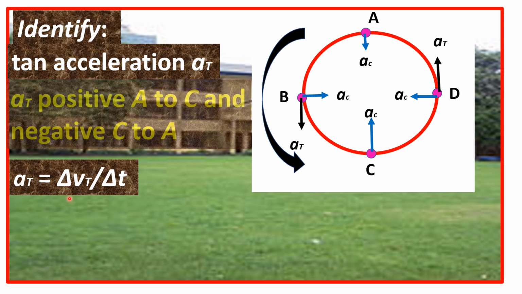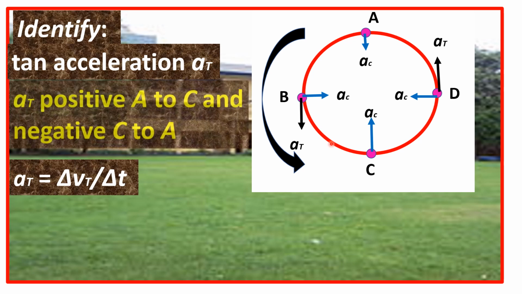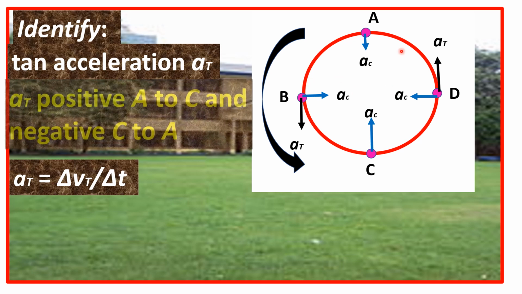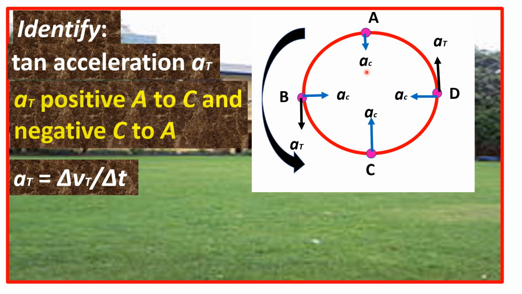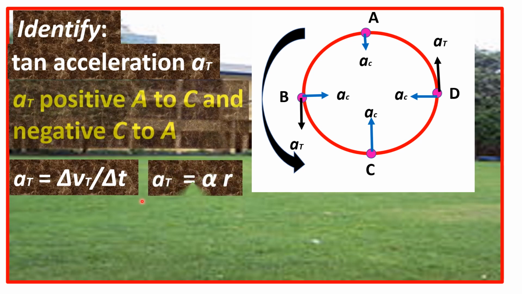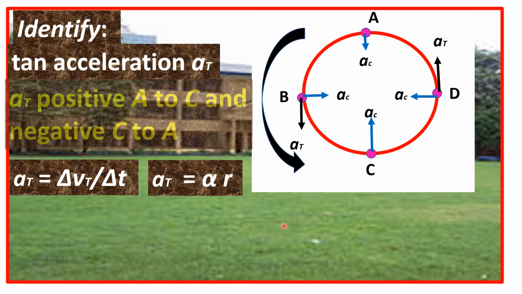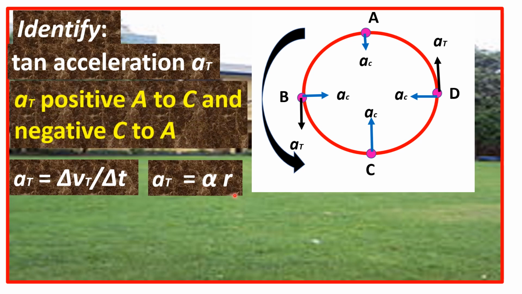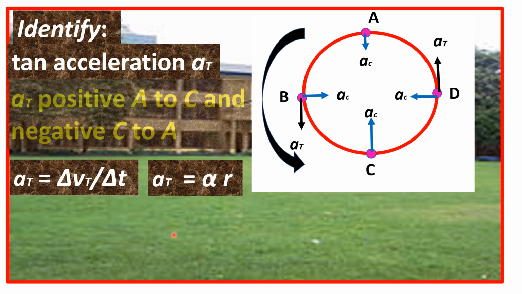And the magnitude of the tangential acceleration at such points like point B and point D, or any other point except point A and point C, can also be expressed in terms of the angular acceleration, denoted by the Greek letter alpha, multiplied by the radius of the circle.